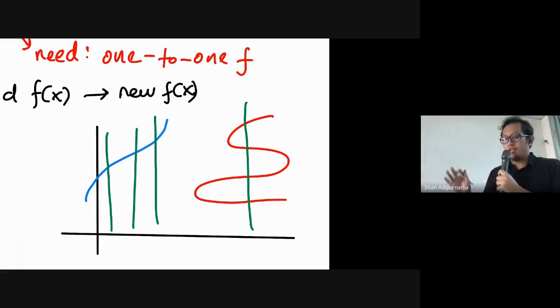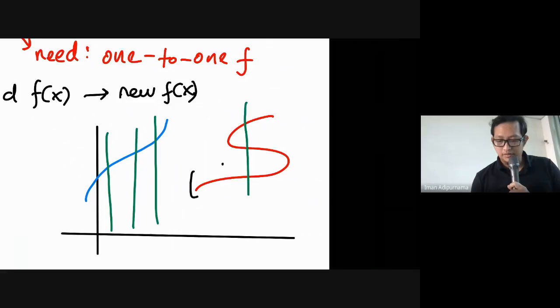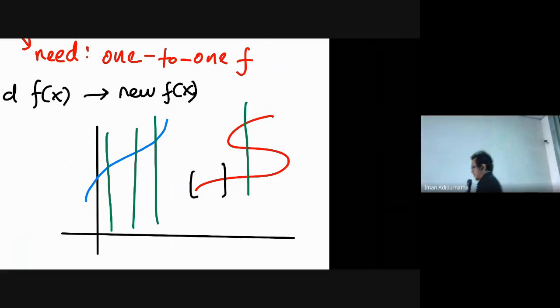We can, if we modify the function. If we only consider this part, then I think it's safe, right? It's only one point.